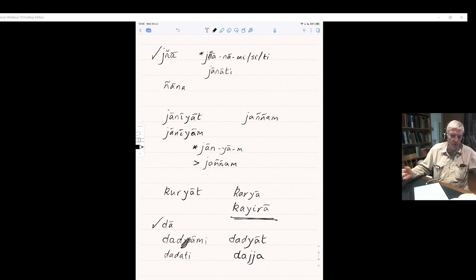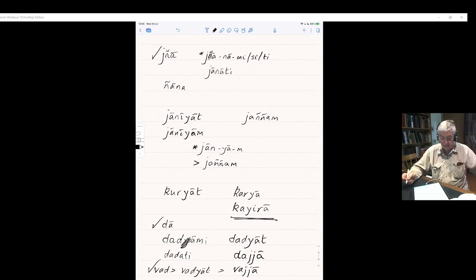And Buddhadatta also gives the example of vad, with the Sanskrit form vadyāt, he might say, which in Pali becomes vajjā, vajja. So vad through vadyāt, regular Sanskrit, Pali vajjā.